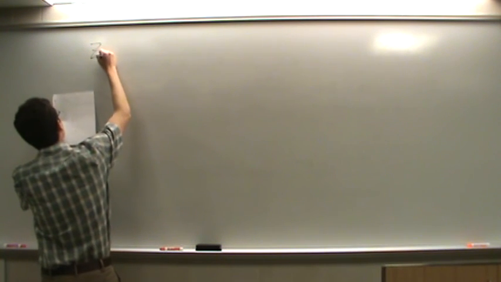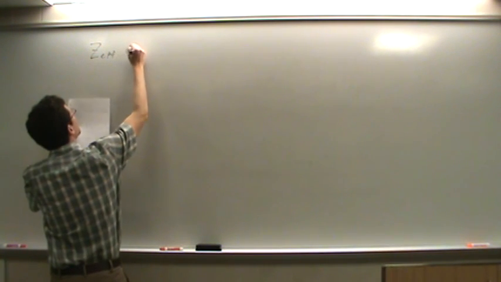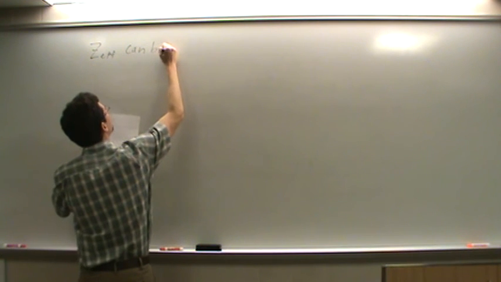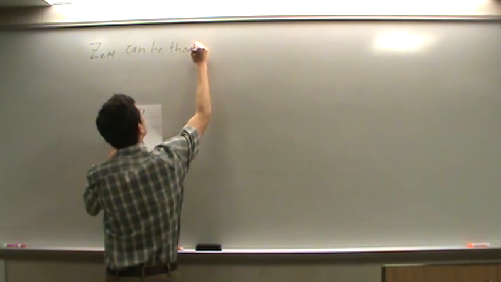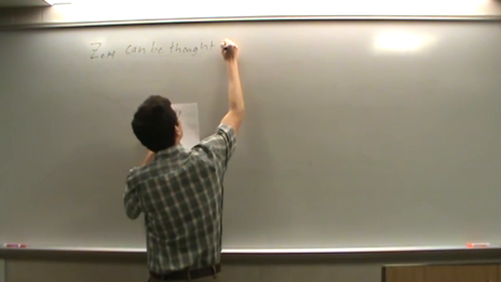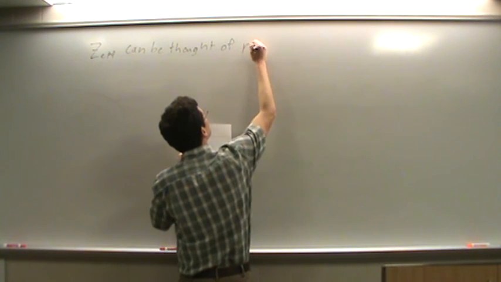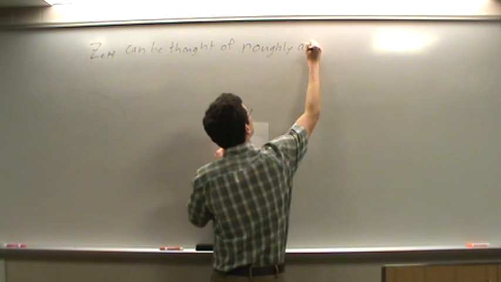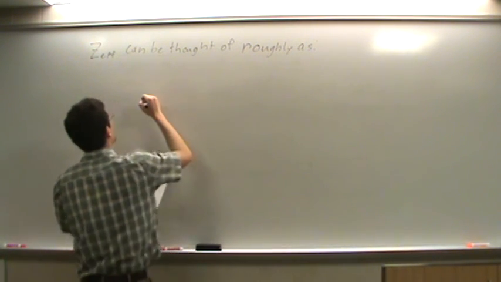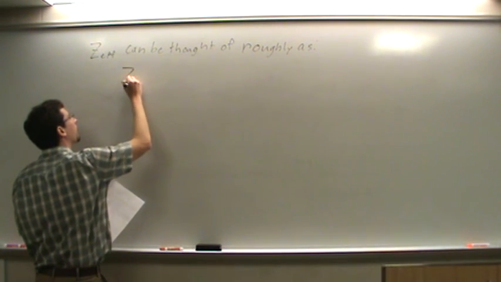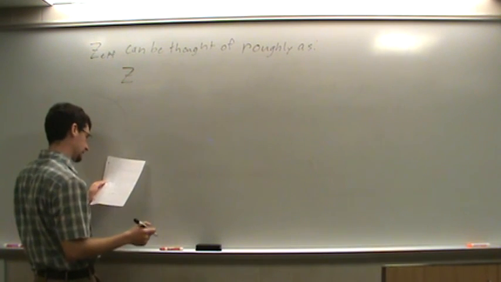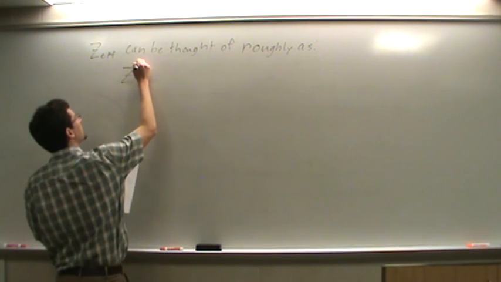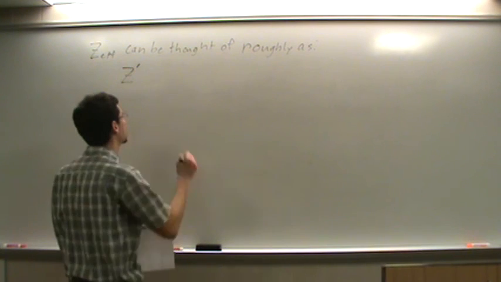So Z effective can be thought of roughly as the following. We're going to call it Z effective prime because it is not quite the exact same thing as Z effective.